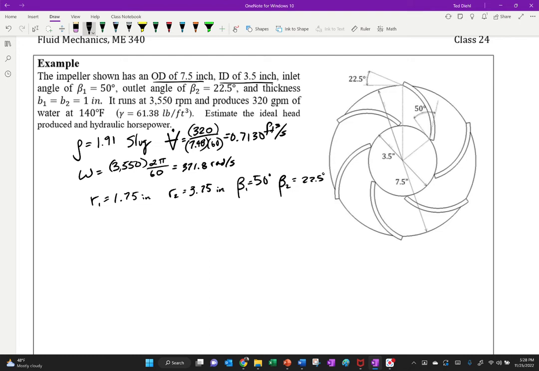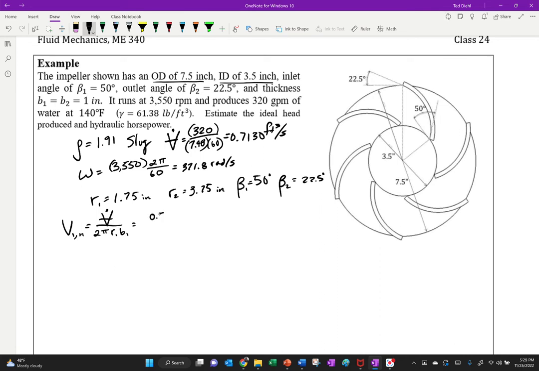Okay. So we can find what the normal velocity components are going to be at each of these spots by taking the volumetric flow rate and dividing it by the area around the perimeter. So V1n is the volume flow rate divided by the circumference, 2 pi R1, times B1.